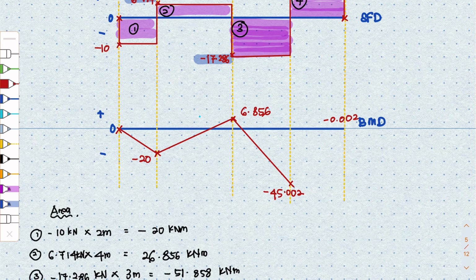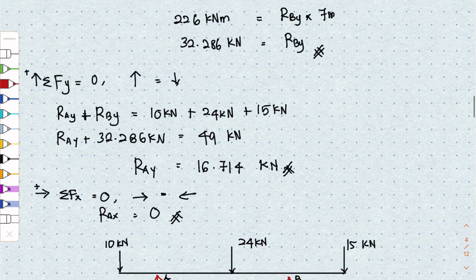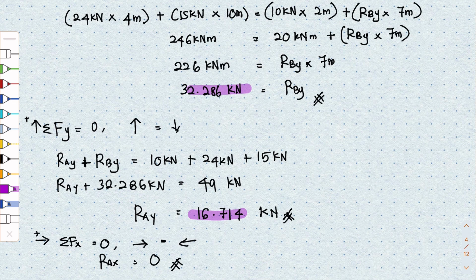Okay. Kan negatif 45.002 campur dengan 45. So you dah akan dapat negatif 0.002, which is almost kosong. Okay, so kita akan anggap dia macam kosong lah. Okay, sebab kenapa dia tak tepat-tepat kosong? Sebab masa kita kira RBY, kita ada round up ataupun round down, value dia bukan tepat-tepat.